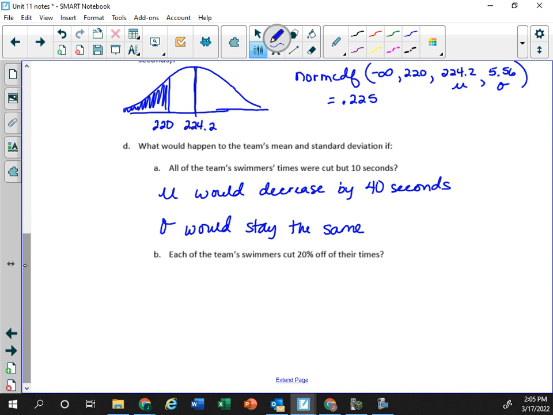That's fine. Would it be mu and sigma or just one? It's multiplication of both. It's like a multiplying thing. That's a stretch, so that's both. So mu and sigma would decrease by 20%.